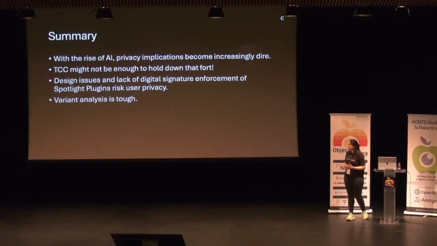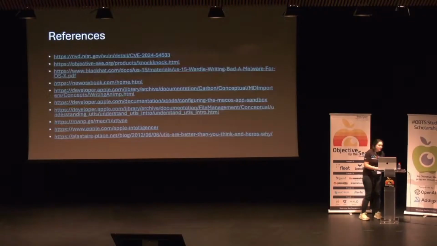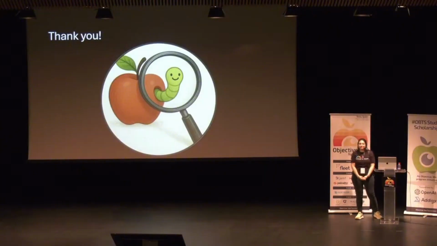Also, design issues and the lack of even needing to sign our exploits are kind of bad. Spotlight plugins are a risk to user privacy. We were not the first Spotlight exploit. We will not be the last Spotlight exploit. And variant analysis is pretty tough, because it just keeps being hammered over and over again. So yeah, thank you so much.